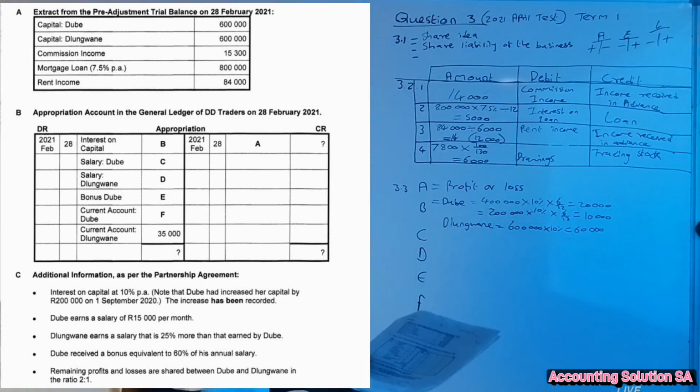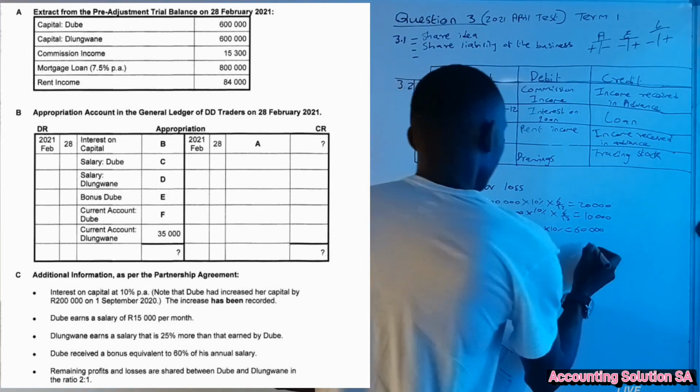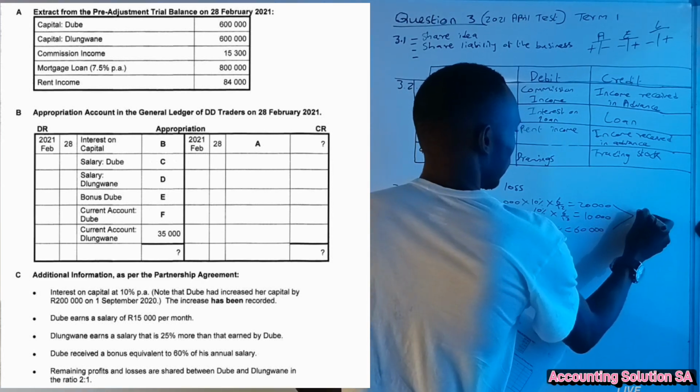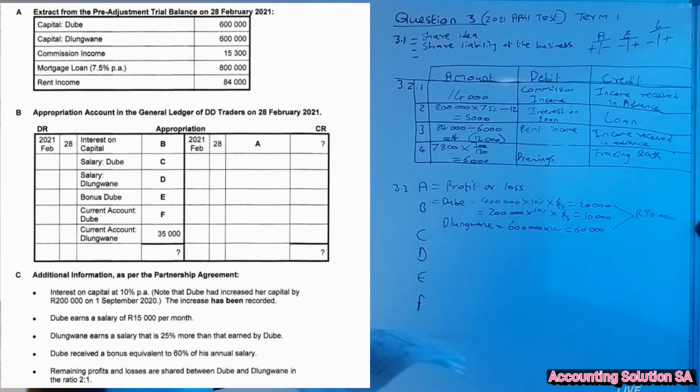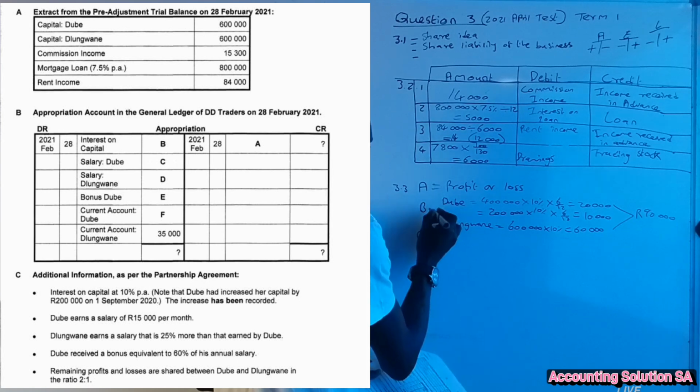Simple like that. Then which means that in total this will give us 90,000. Okay, then number B is complete.